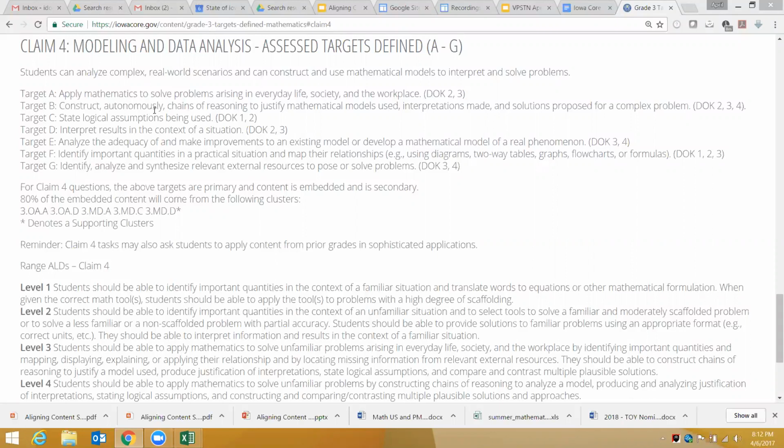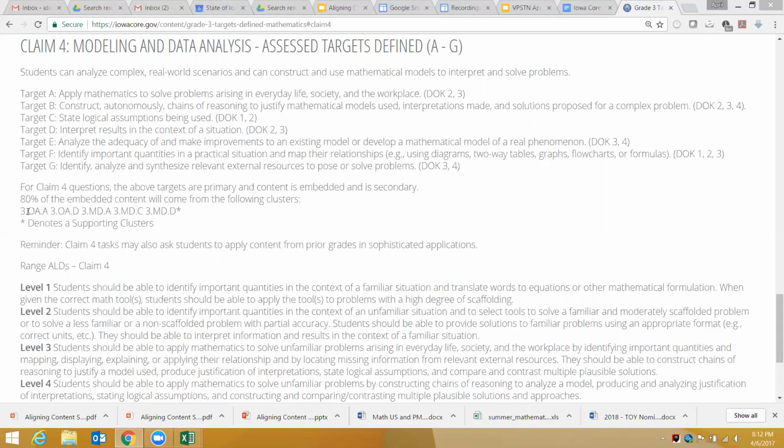We just made that other guide so as you went through it, you broke it apart and knew what you were looking at. So here's all those targets that we talked about. Here is the content that we said lends itself to be embedded into the modeling and data analysis. And then down here are your achievement level descriptors.